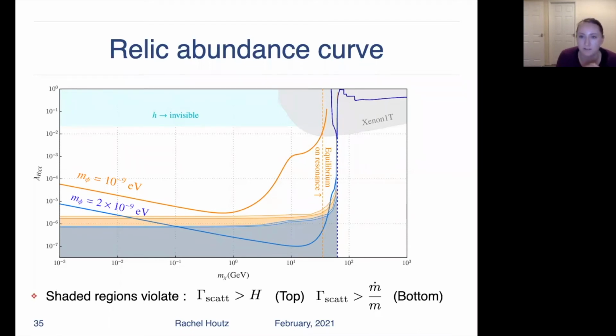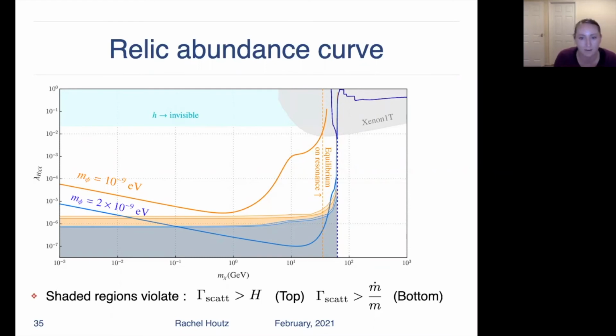So first of all, the adiabatic condition, the condition that we don't have any non-perturbative production of dark matter, is applied to the whole region. So there's no curve on this graph. It's just true, the whole region satisfies the adiabatic condition.